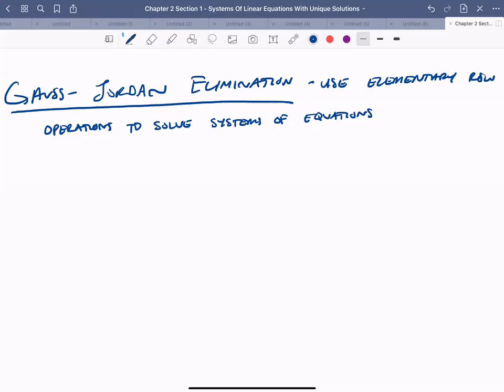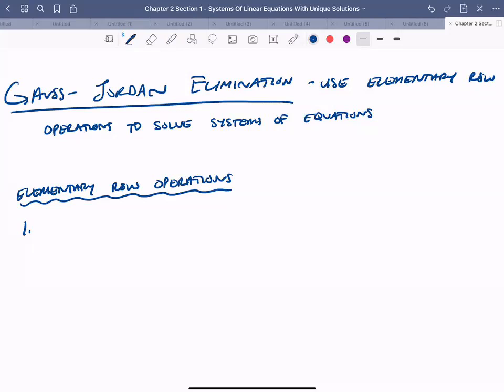Now, what are elementary row operations? I'm going to show you the three different types of elementary row operations that we'll use. It doesn't have to be in this order, I'm just listing them.